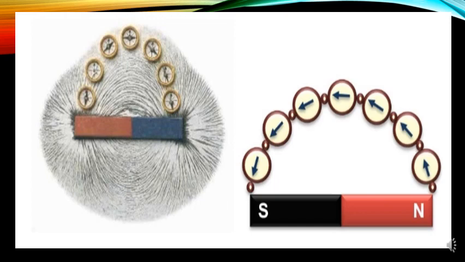You can trace using a magnetic needle. A compass is a device which shows the directions. That is, a compass is a device used to show the magnetic field direction at a point. You can see in the right side picture. A compass is also called a plotting compass. A compass consists of a tiny pivoted magnet, usually in the form of a pointer, which can turn freely in the horizontal plane.